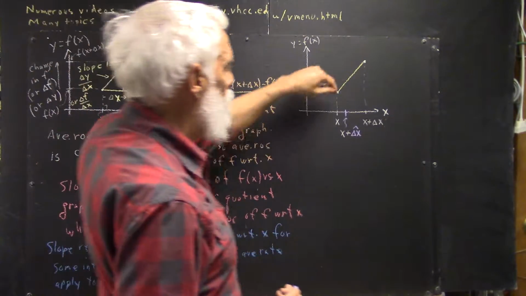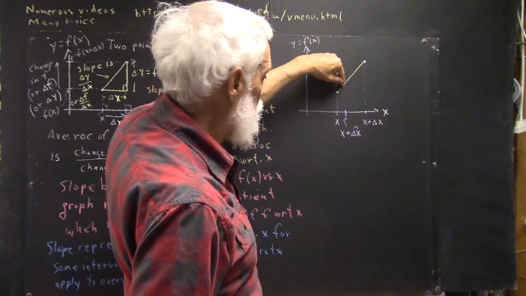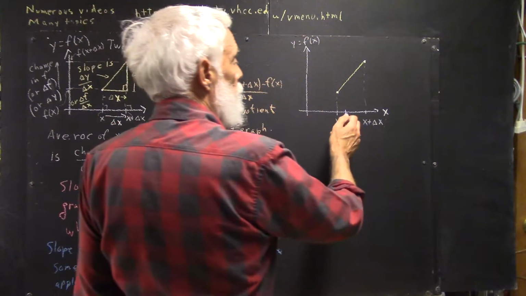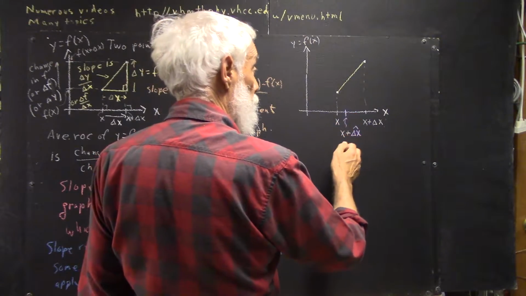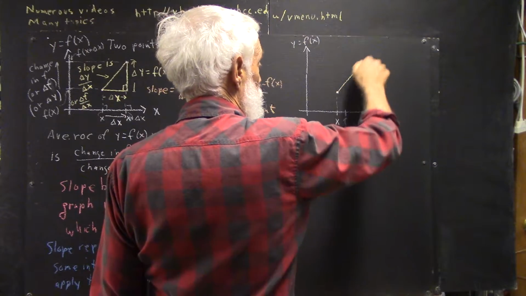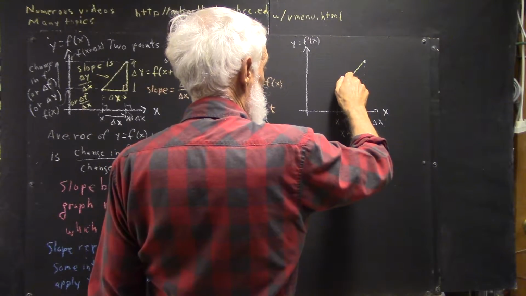Okay, well, if it's on the line, then the slope is going to be the same and the average rate of change is going to be the same. But if the value of the function at this point, in other words, if f of x plus delta x hat is greater or less than the value it would have on this line, then we're going to have a different slope.